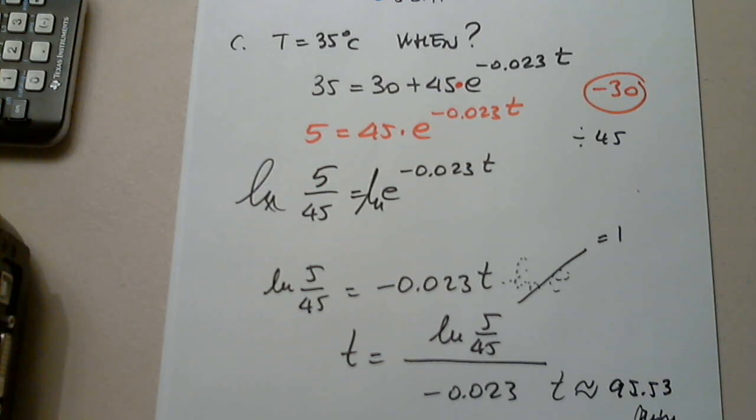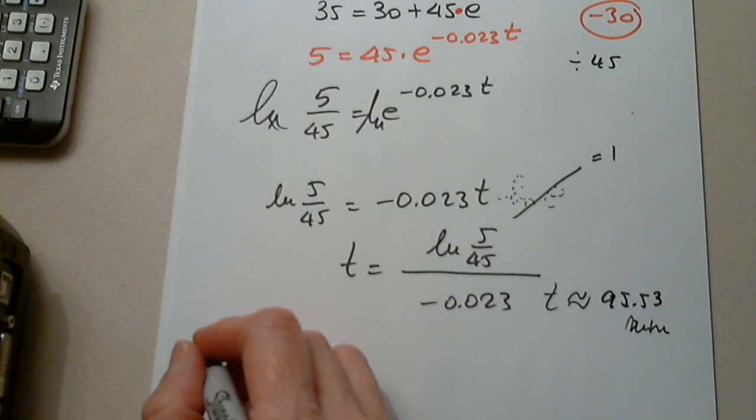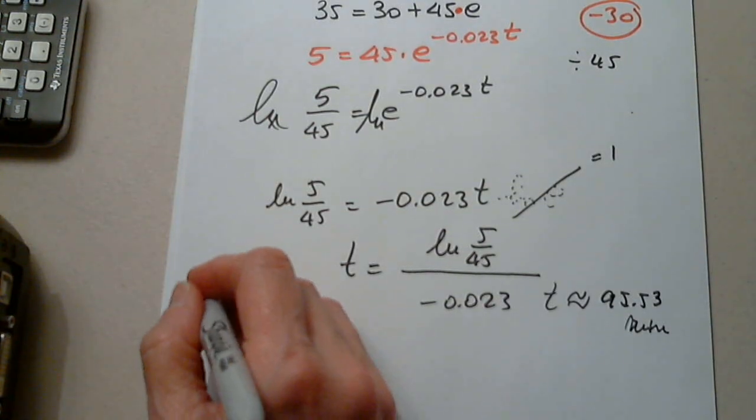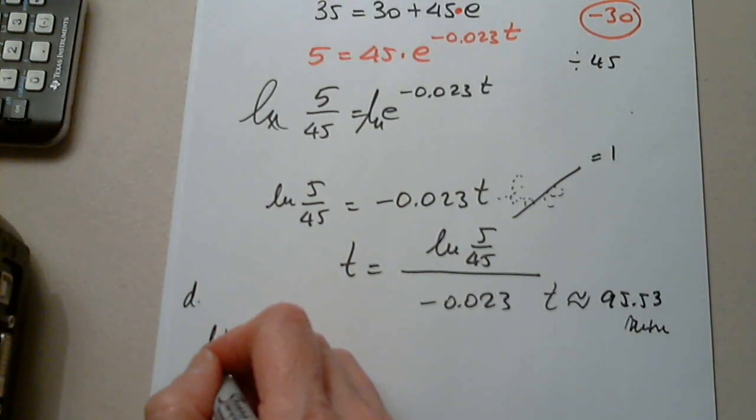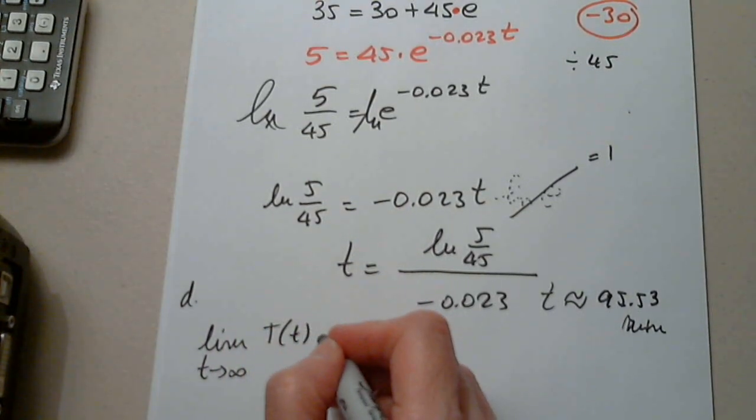Let's take a look. There is part D. Find the limit of this function when t increases without bound. Well, that's not possible. But they want us in part D, limit as time goes by, where does the temperature go?